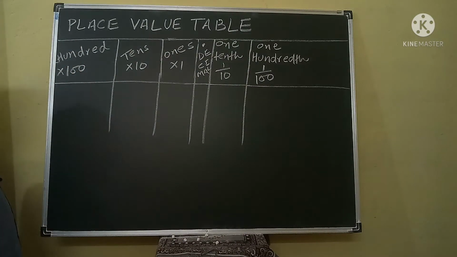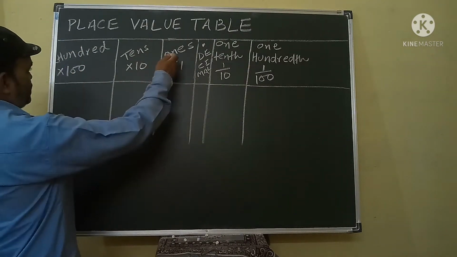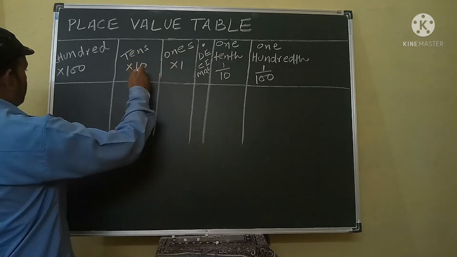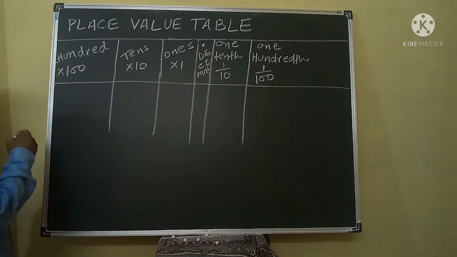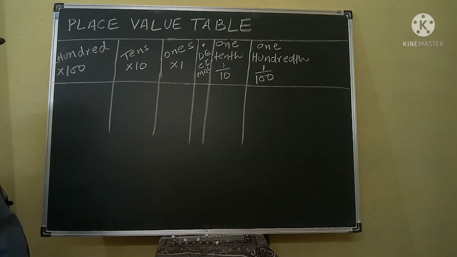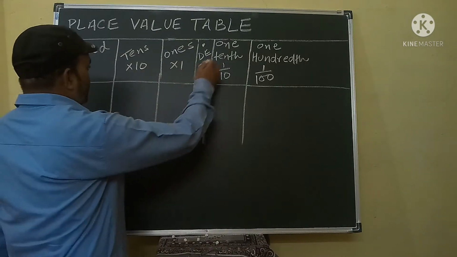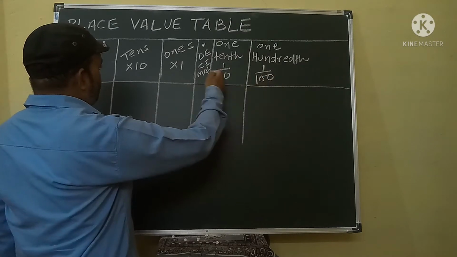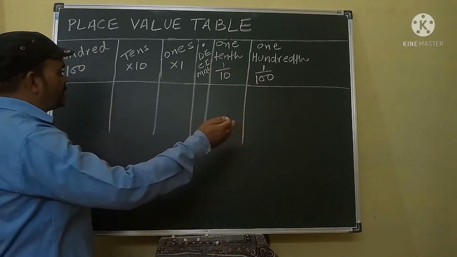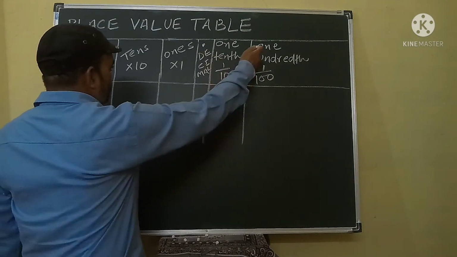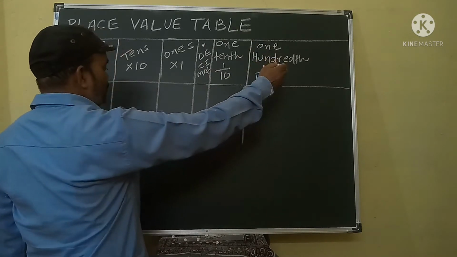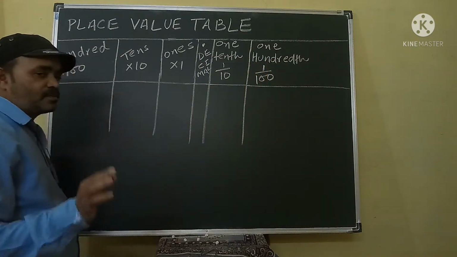In left part, this is ones, tens, hundred, thousand, 10,000 and so on. In right side of decimal is 1/10, 1/100, 1/1000 and so on.